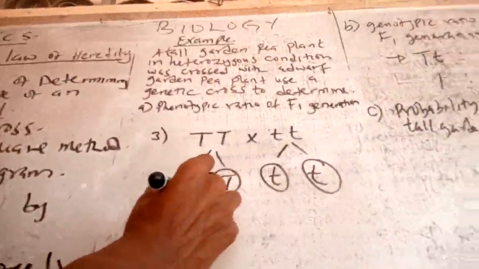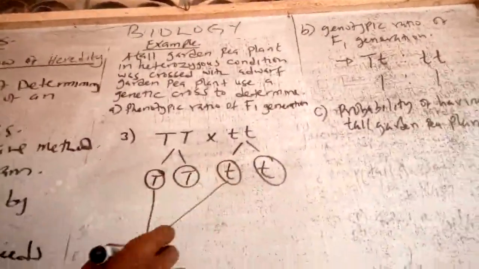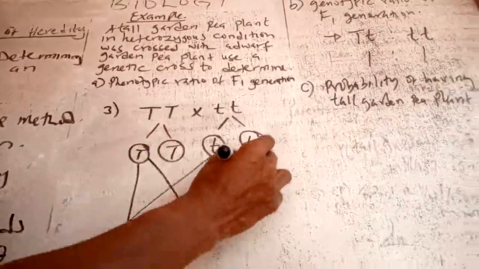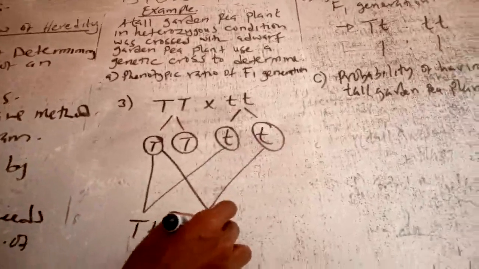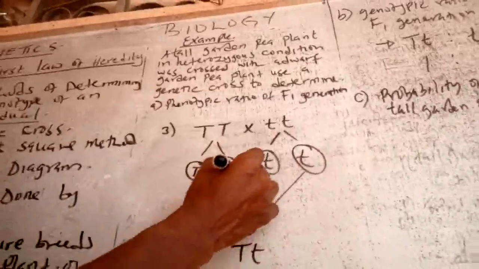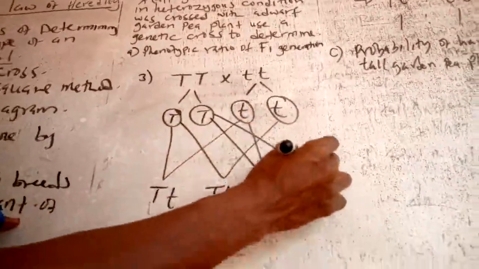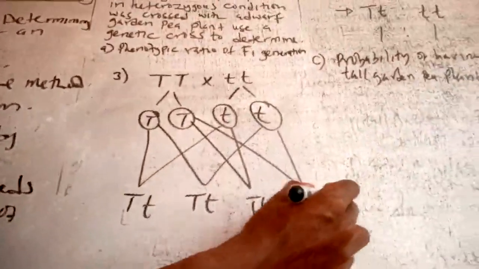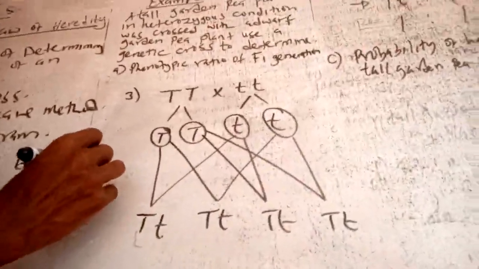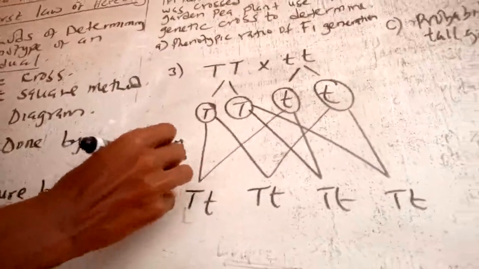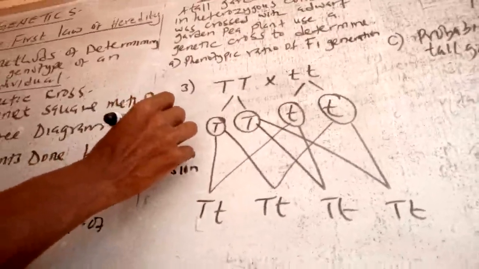The gametes fuse randomly, and this capital T may fuse with this one because it is a random fusion, and this will become that way, and this may fuse with the second one, and that will become that. And therefore, this is random fusion, and this is gametes.